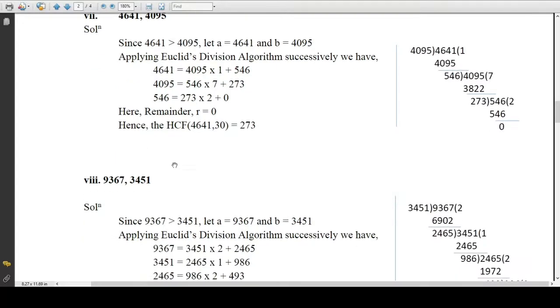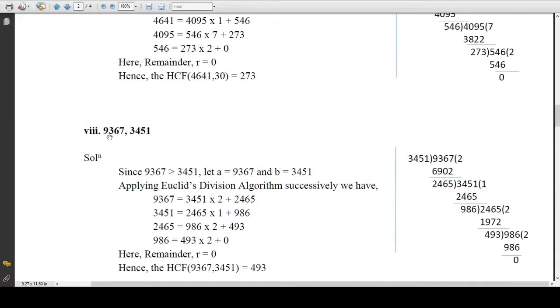Clear? Next, number 8. 9367 is greater than 3451, therefore we will take A as the bigger number, B as the smaller number. When you divide this by 3451, you will go with 2 is 6902 plus remainder 2465. Next step, 3451 as the dividend, 2465 as divisor, multiply with 1 is 2465, leaving remainder 986.